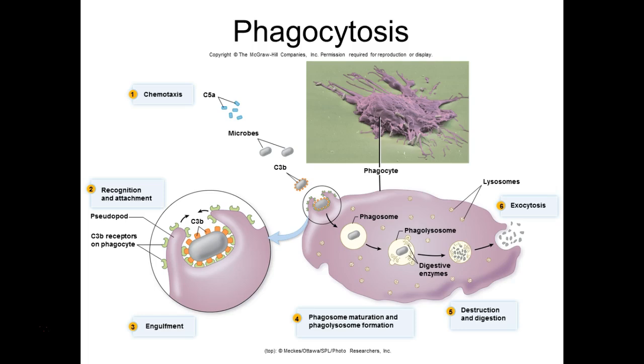That coating process, they called it opsonization, right? We're gonna see that again later. So that's a very specialized process where special molecules, C3b or antibodies, are specifically binding to that substance and helps facilitate this attachment, this recognition, this very first crucial step.